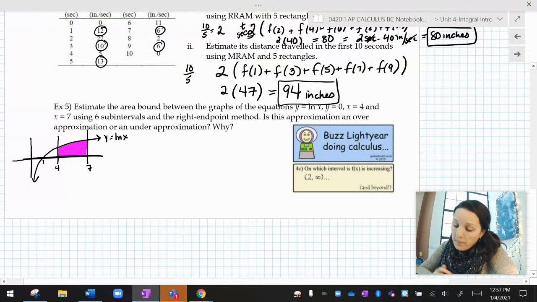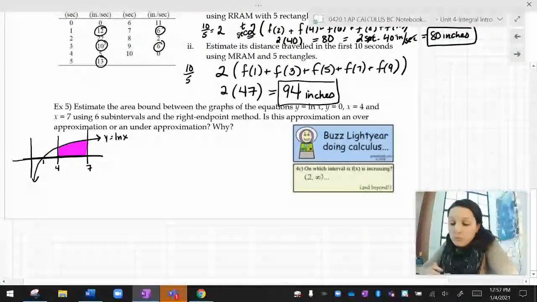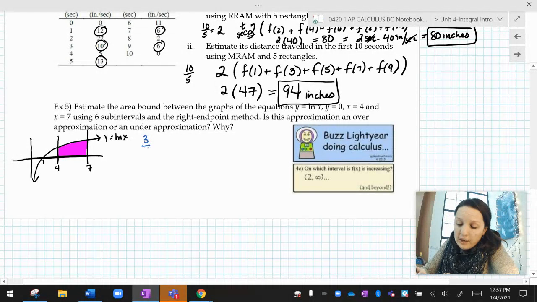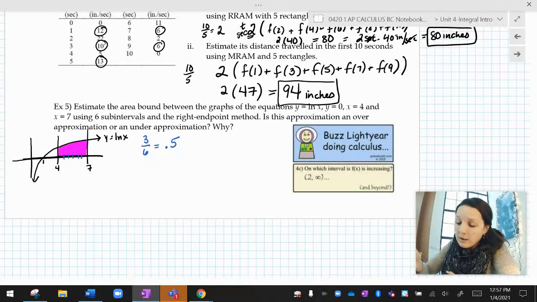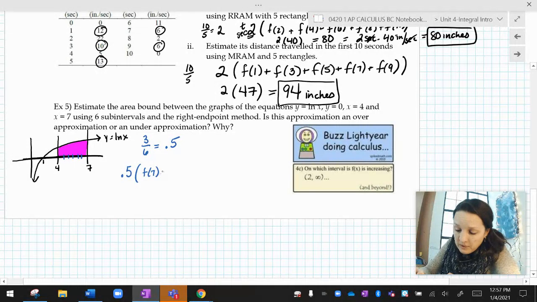Okay, well, I went from 4 to 7, which is a distance of 3, and I want to use 6 subintervals, so the width of each subinterval is 0.5. Okay, so I can do that. And if I use RRAM, one way to think about RRAM is start from the end and come back. So my widths are 0.5, and my heights come from f of 7, and then go down by a half each time.